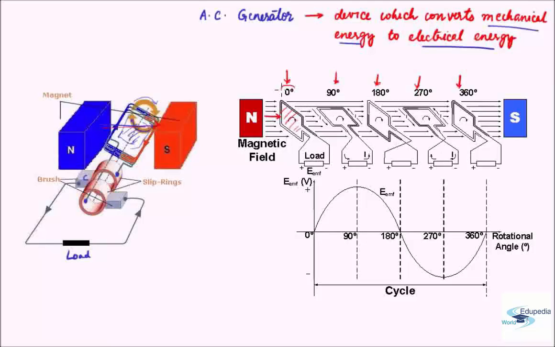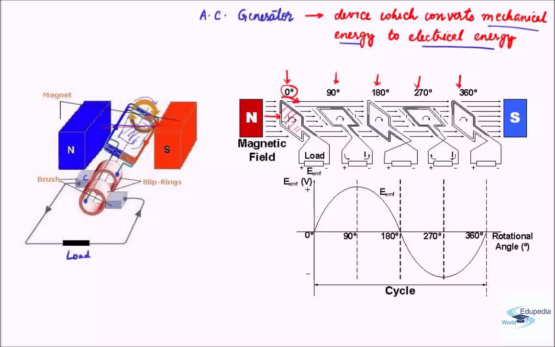Let's assume this is our initial position, that is 0 degree. Now mechanically what we are doing is rotating it, let's say clockwise, seen from this direction. So we are moving it in this direction. As the coil starts moving, the amount of magnetic flux passing through the coil starts to reduce.